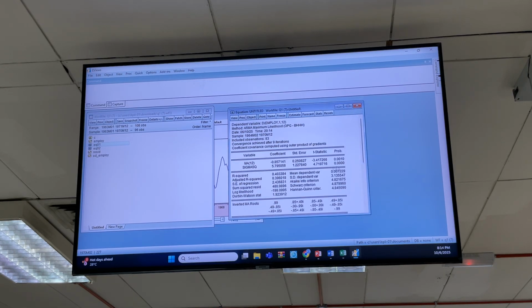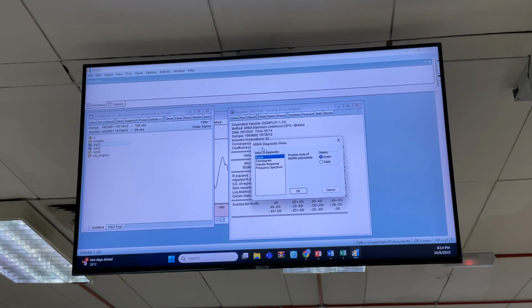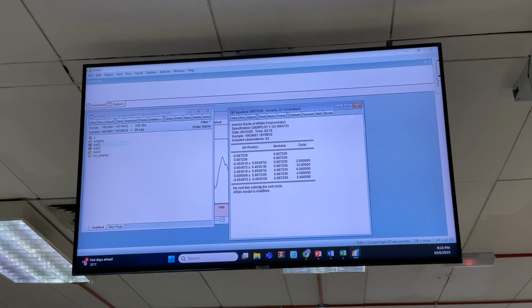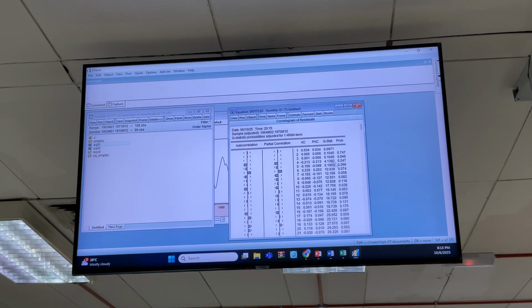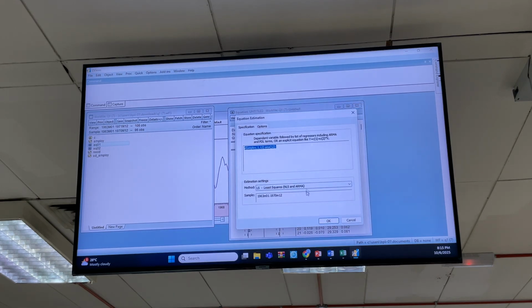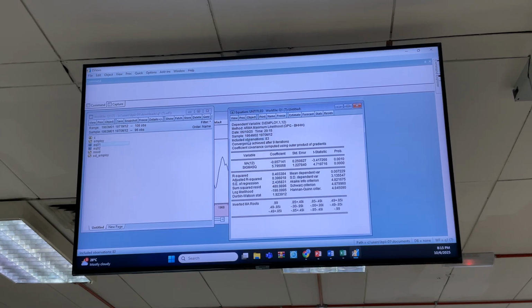So you check the invertibility, just like before, check the structure, it is invertible. Residual, correlogram. So the residual p-values are all okay except this one. Okay, but because some of these are less than 0.05, you need to perform the test at a particular lag. So just now when we estimated the model, the included observations were 83.